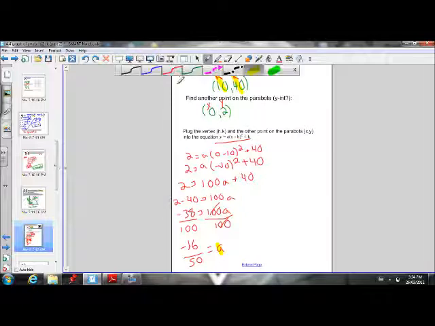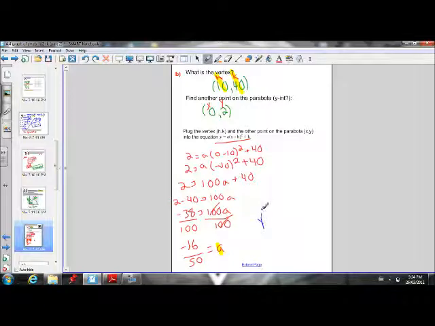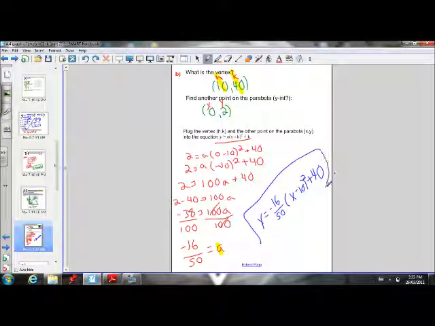So the equation of this parabola is y equals negative 19 over 50 times (x minus 10) squared plus 40. Because our a is negative 19 over 50, our h is 10, our k is 40. That's our final answer right there.